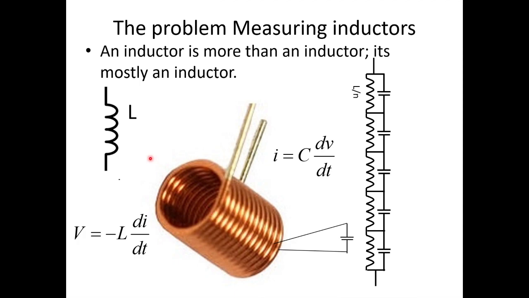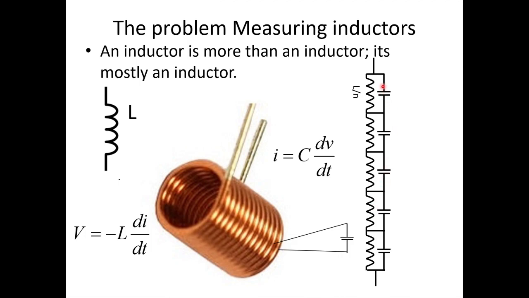Instead of just a pure inductance, you could take each little turn of the loop, and let's say there's 10 turns, so you take L divided by 10 and put that there, and then you have a little capacitor that represents the capacitive coupling between that turn. So each one of these little things represents one turn in the loop. That is one of many ways to model an inductor more closely to a real inductor.